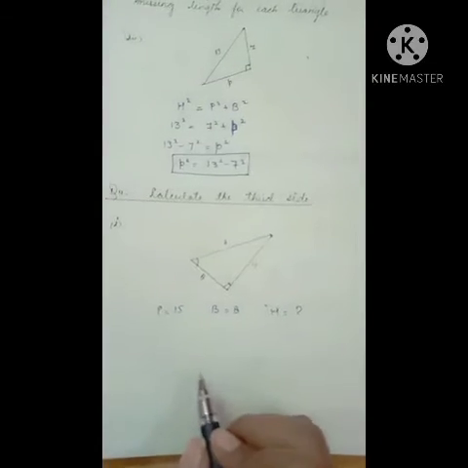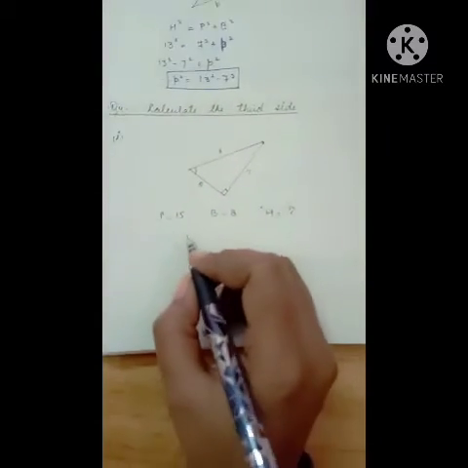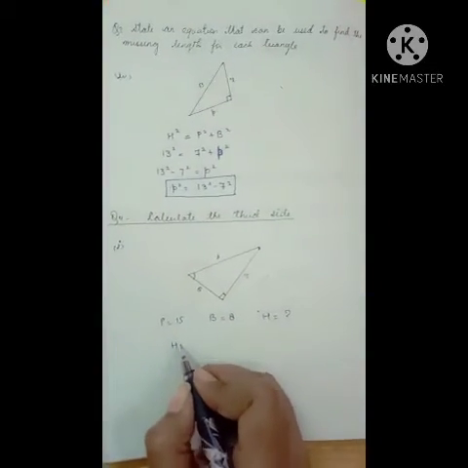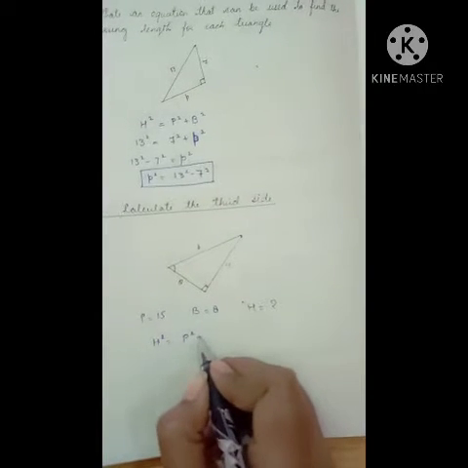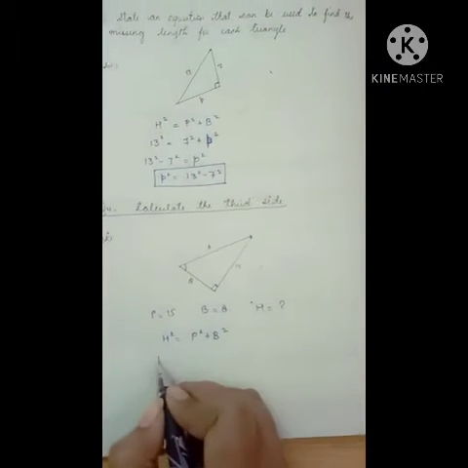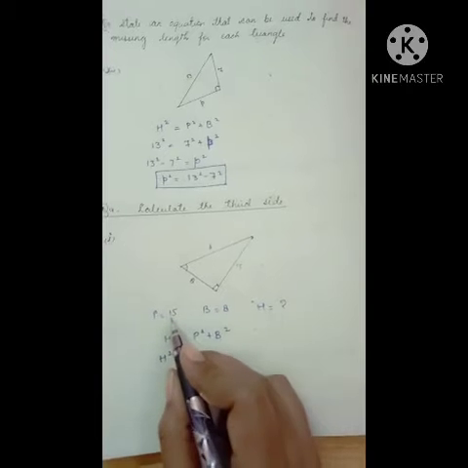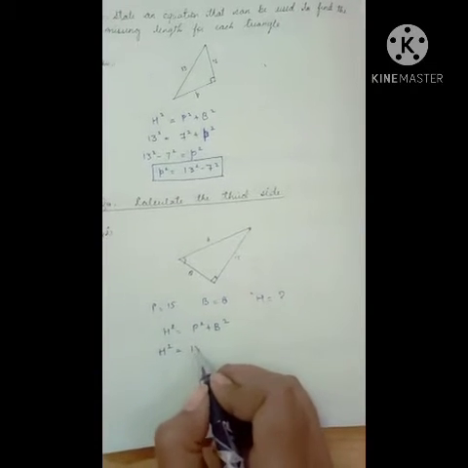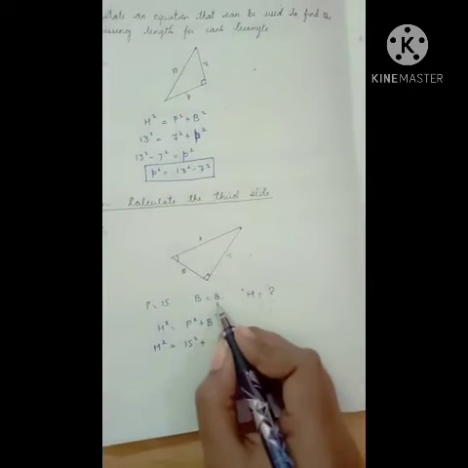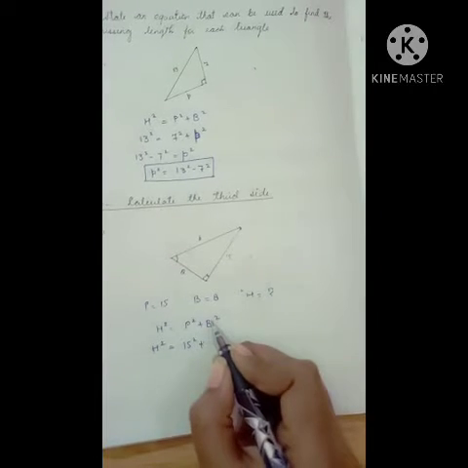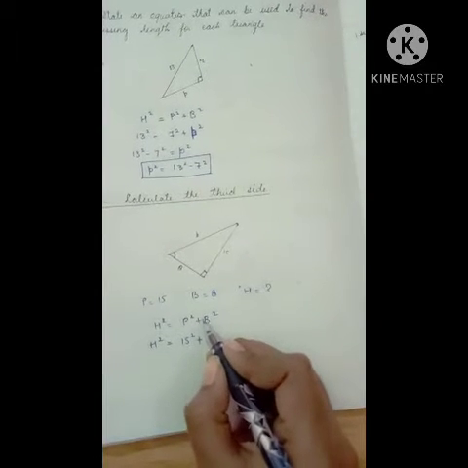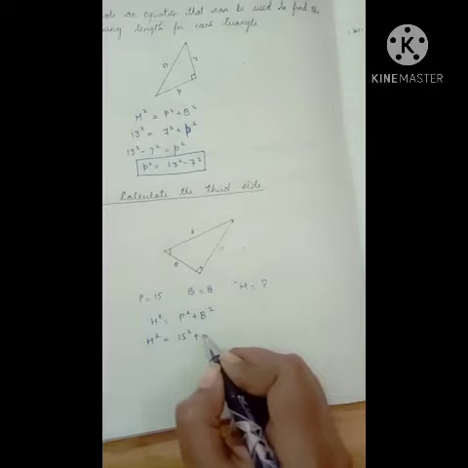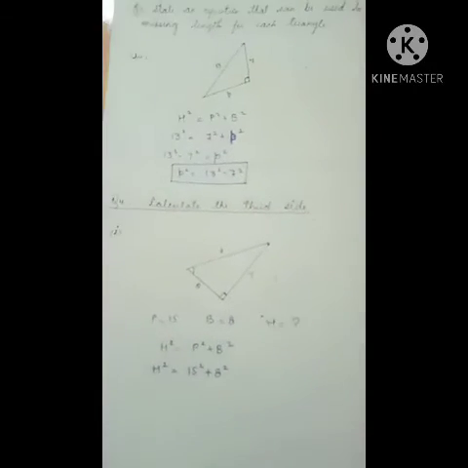So we apply Pythagoras theorem here. Hypotenuse square is equals to perpendicular square plus base square. Hypotenuse square is equals to perpendicular is 15, that means 15 square, and base is 8. We put 8 here. Okay, so 8 square, right?